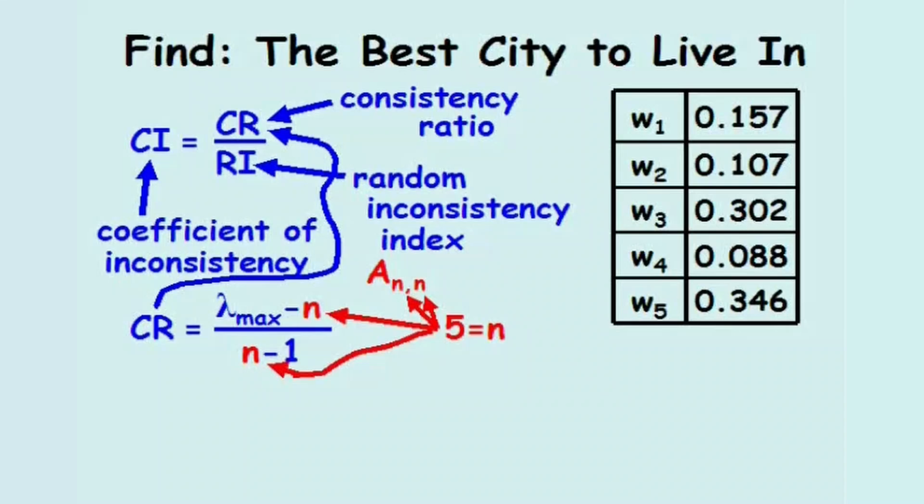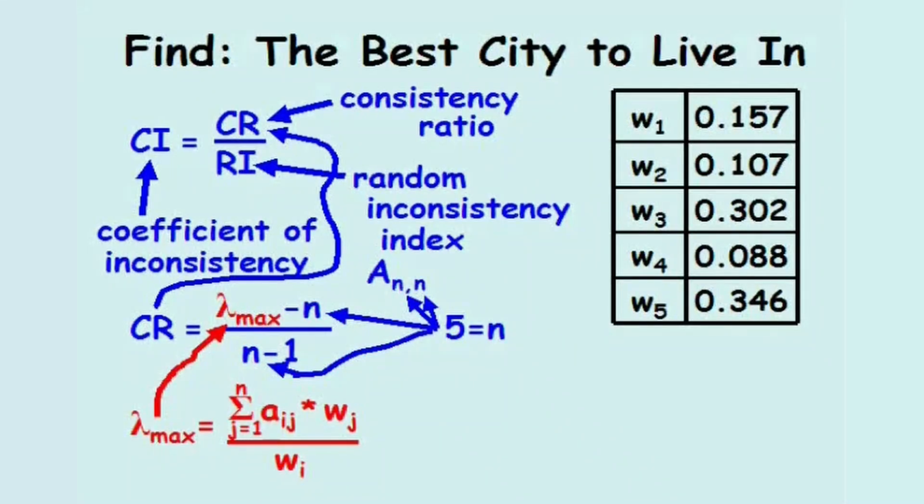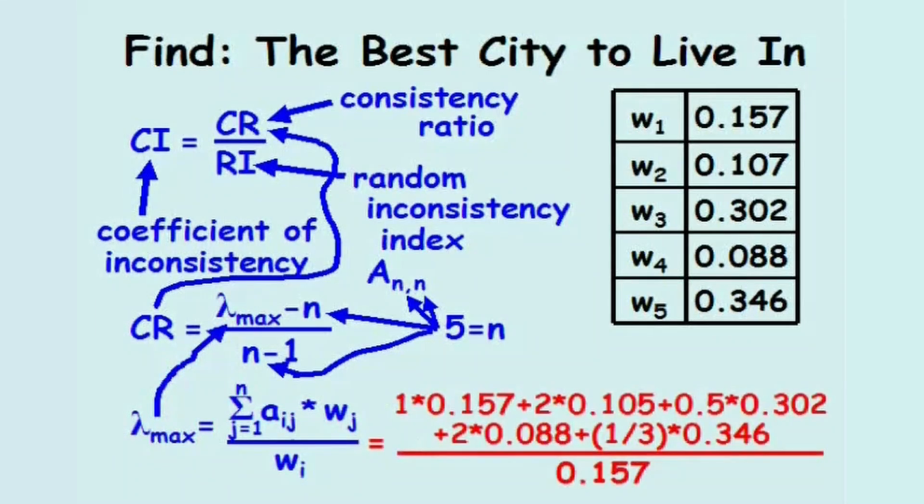And the maximum eigenvalue equals the sum product of any row i in matrix A multiplied by the weights, divided by the weight of that row, i. Arbitrarily setting i to equal 1, the maximum eigenvalue for the matrix A equals 5.15.